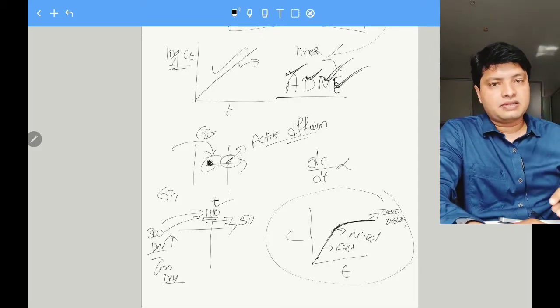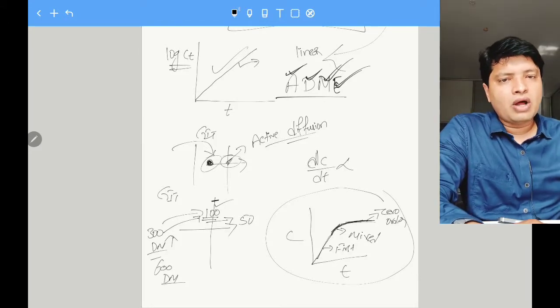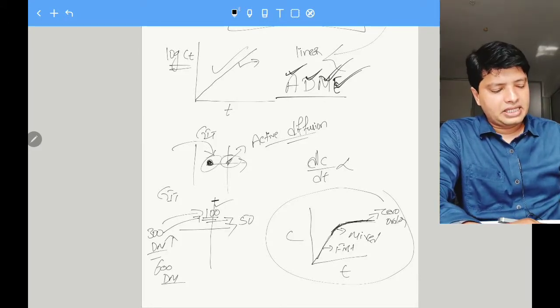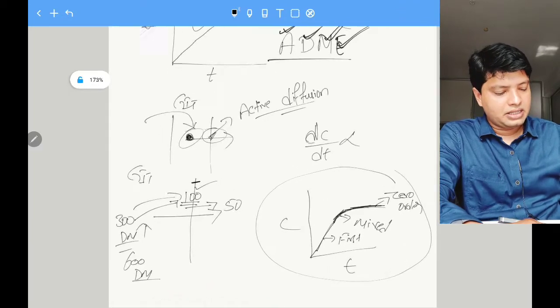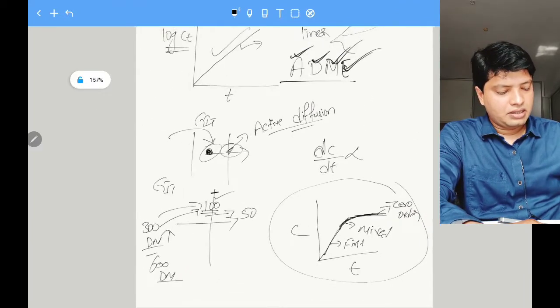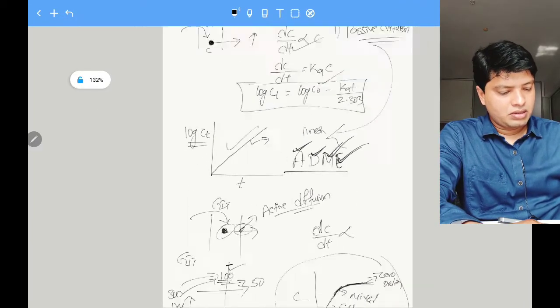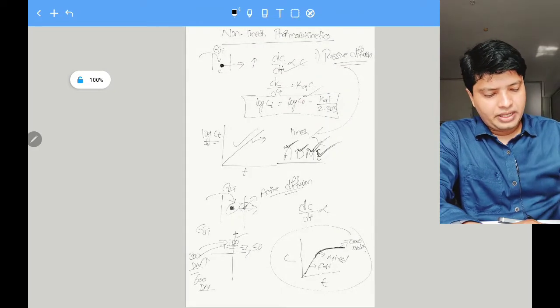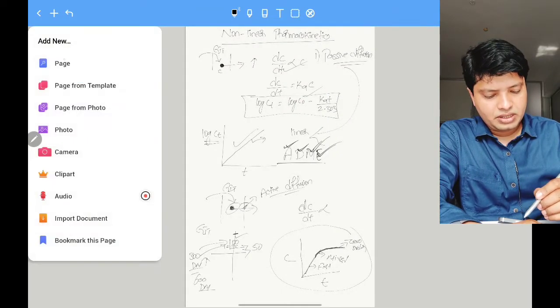Now how will you determine this? How will you determine the non-linear pharmacokinetics? In the linear pharmacokinetics, to know the determination, I will take another page.